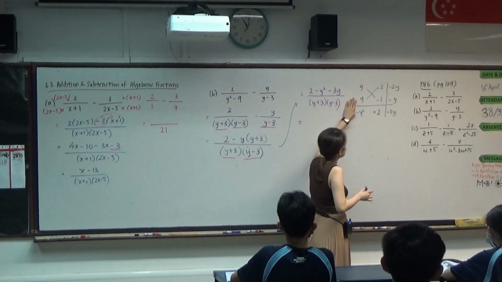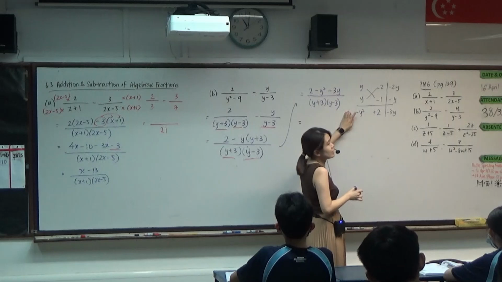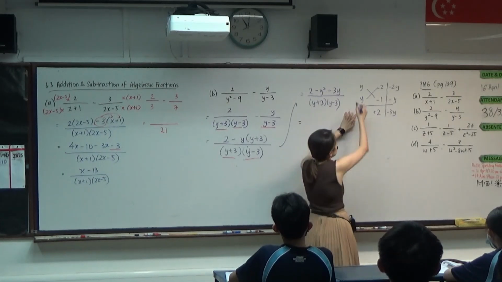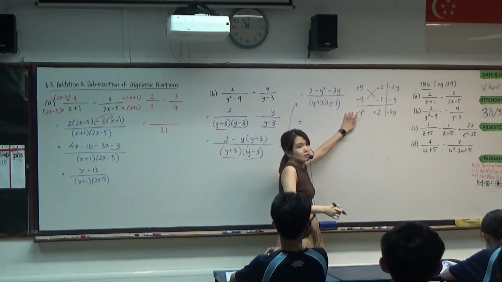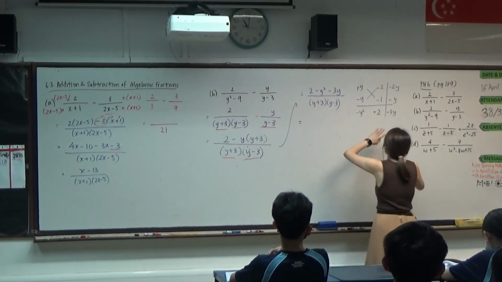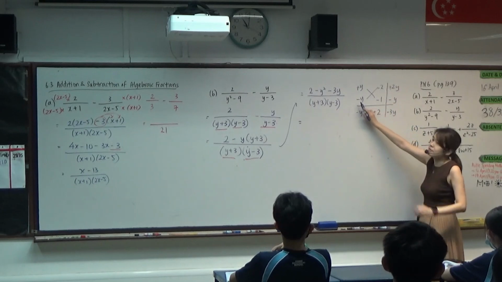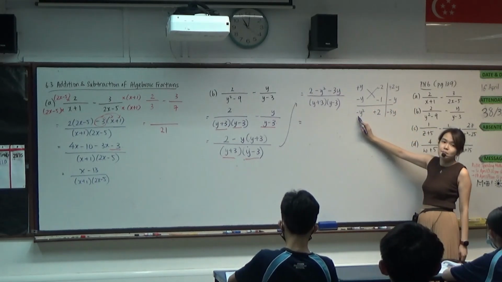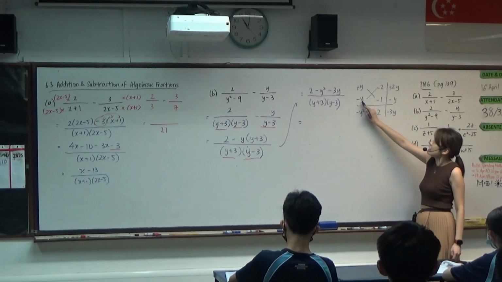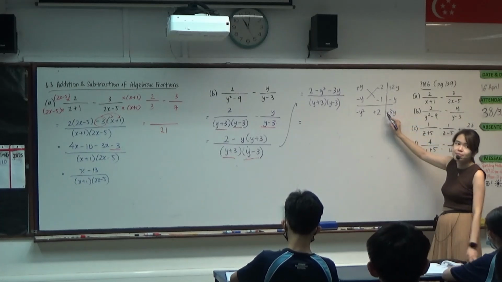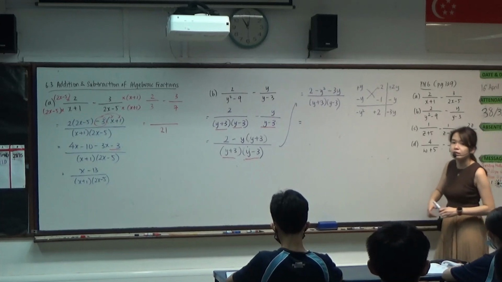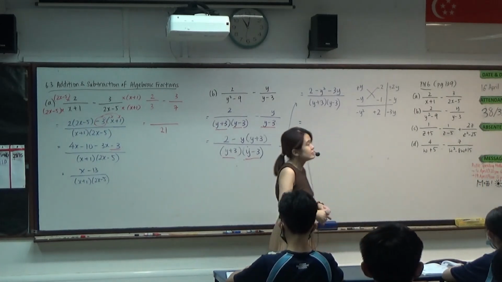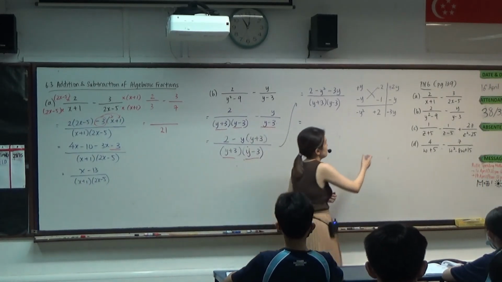But over here, I need a negative y squared. If one is positive and the other negative, it will not work. So your factorization does not work, because negative and negative give us positive. So this is not a factorizable expression in the numerator.